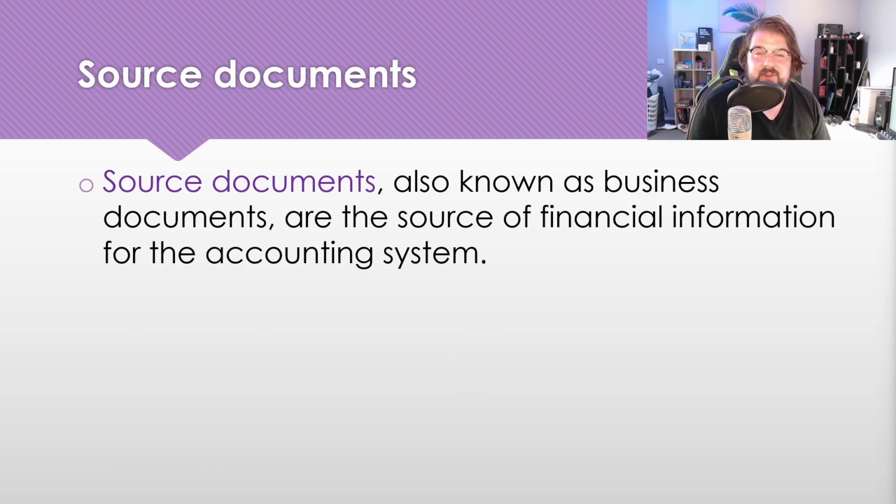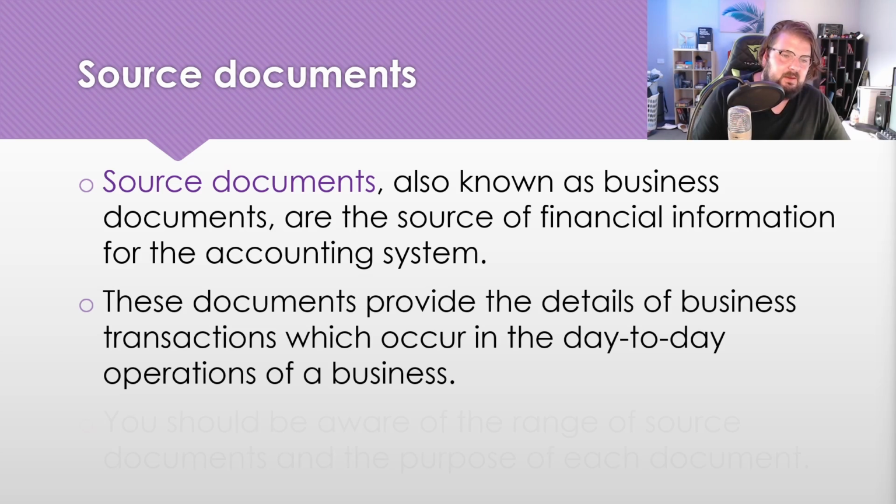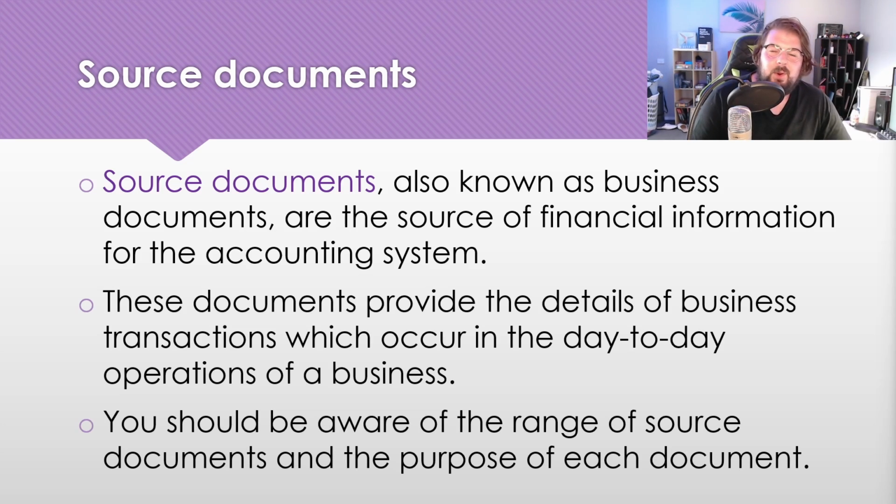Now, what's really important is that you understand the source documents that we have to look at. This is step one of our accounting process or our accounting system, and it shows every transaction that we do on a day-to-day basis. There's quite a range, and I'm just going to go through some of them.